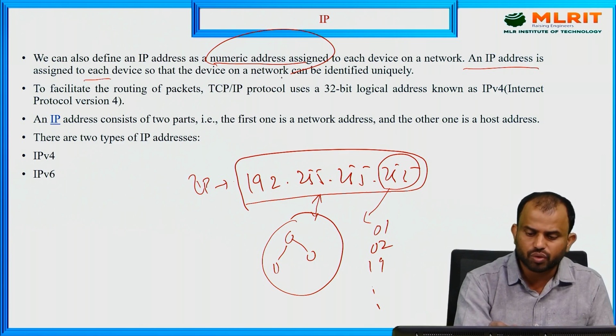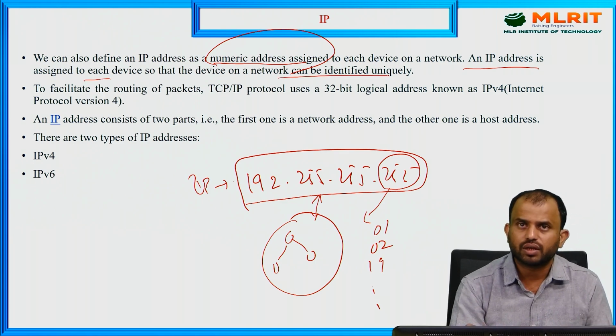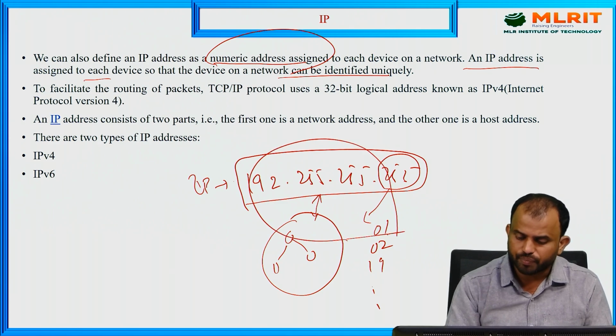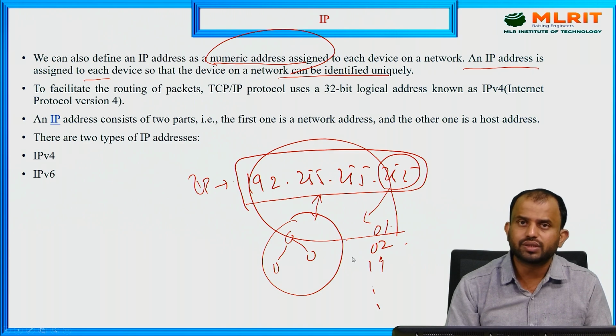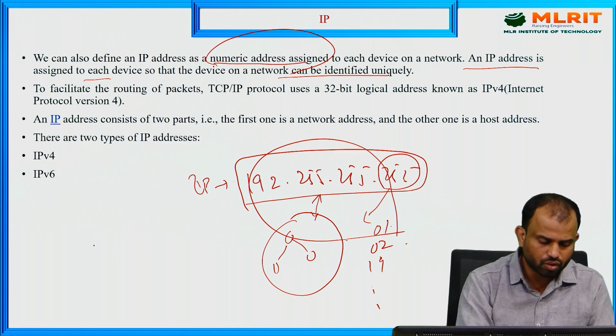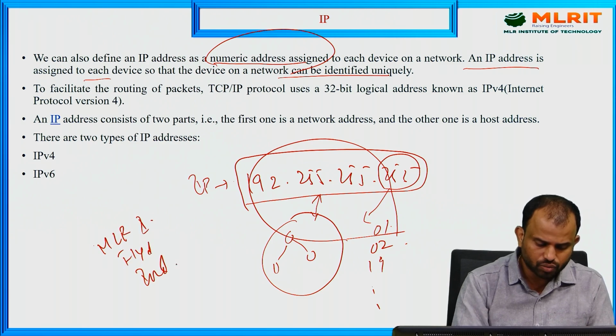That device in the network may be identified uniquely, because based upon the version and values, we analyze which state it belongs to. For example, our college address is like MLR Institute of Technology, Hyderabad, India. We write like this only, and at the same time we mention the respective pin code.